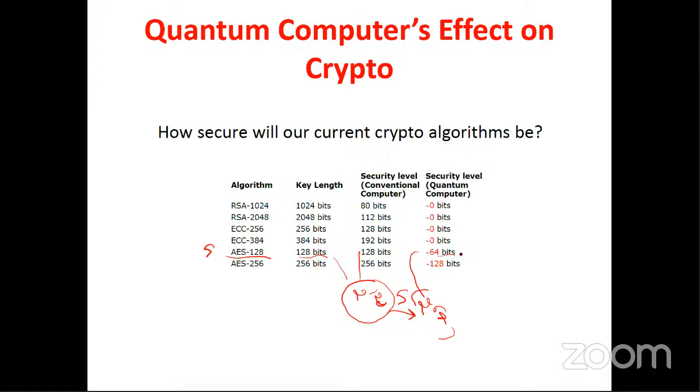If we double the key size, AES 256 has a key space of 2 to the power 256. If we use Grover's, it will still provide 128 bit security. So this is secure, because Grover's reduces the space to 2 to the power 128, and that search would have to be done on a classical computer, which you cannot do even on a supercomputer.